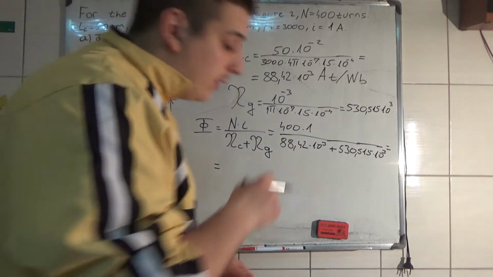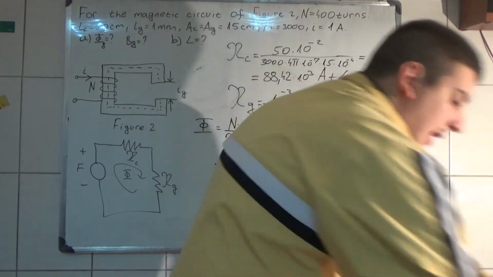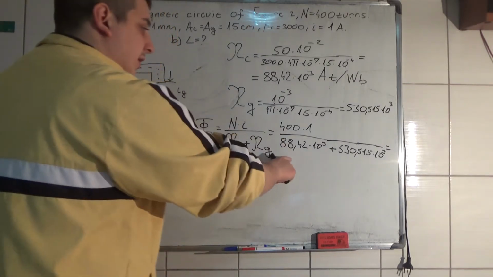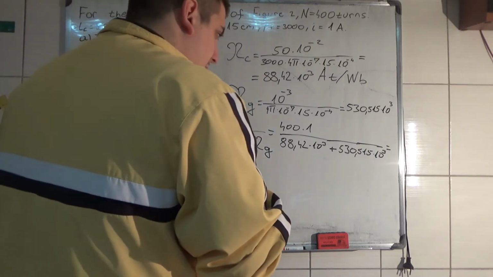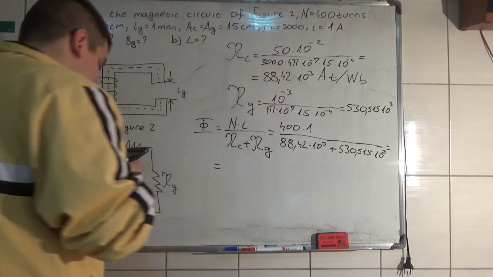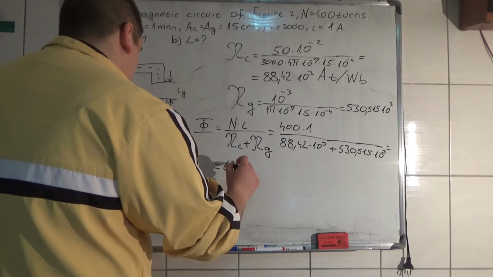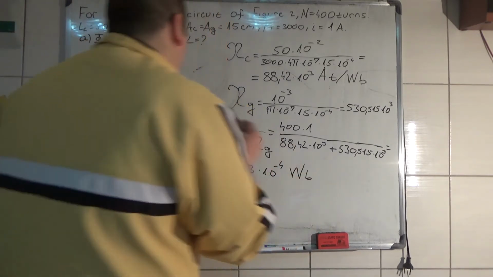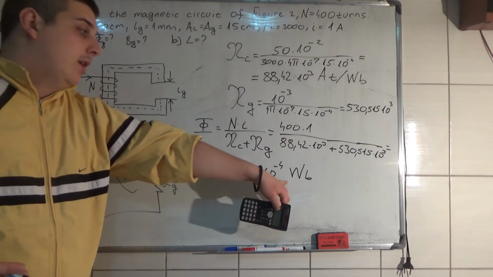I'm gonna do it on my calculator. So the flux in the air gap is equal to 6.463 times 10 to the minus 4 Webers.